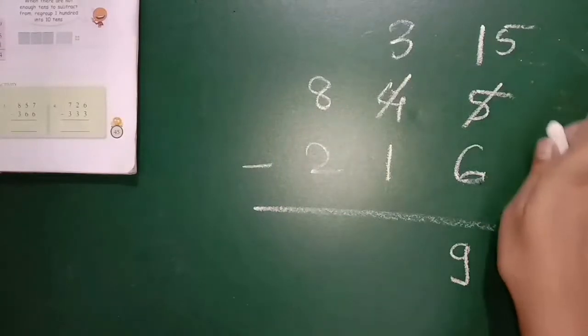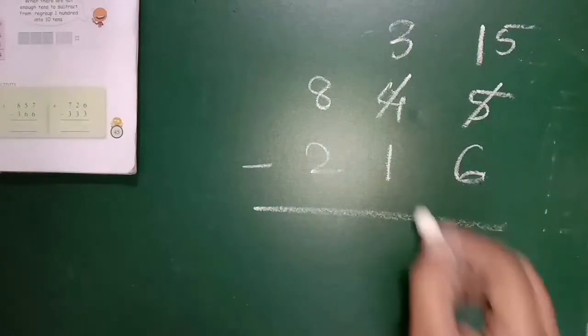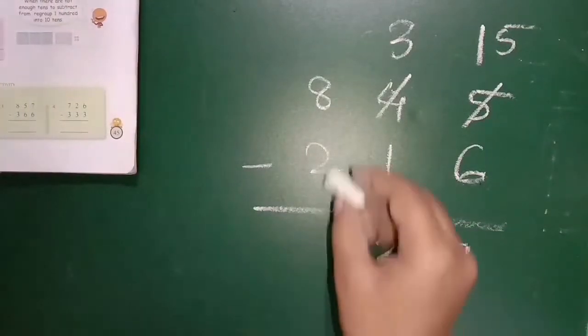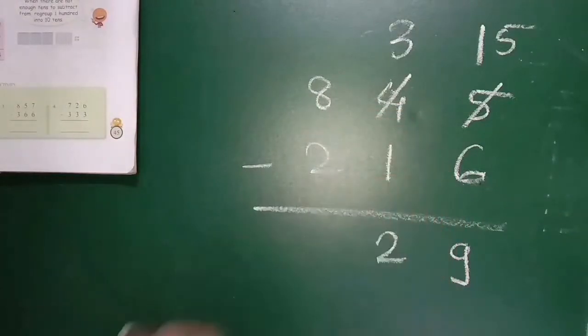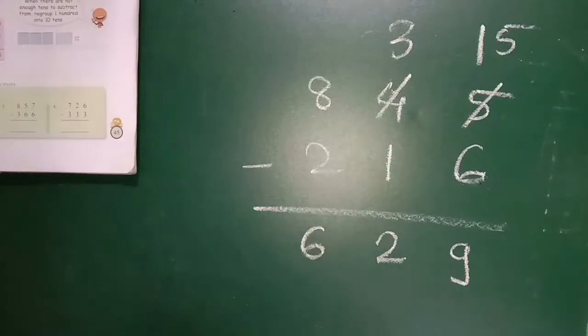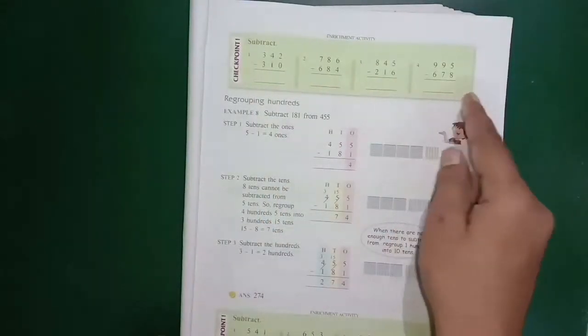Now solve tens place. That is 3 minus 1 will become 2. Now solve hundreds place. 8 minus 2, 6. Okay. Got it? Very good. Students, solve these examples in the textbook only.